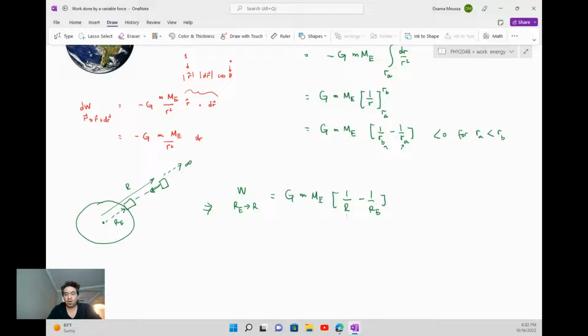So suppose this r goes very large, then what would be the work done in that case? So suppose I want to launch the rocket from the radius of Earth to r approaching infinity. And when r approaches infinity, 1 over r approaches 0. So this becomes G times the mass of the rocket, the mass of Earth, divided by the radius of Earth, because the term with 1 over r became 0. So I'm left with the negative 1 over re.